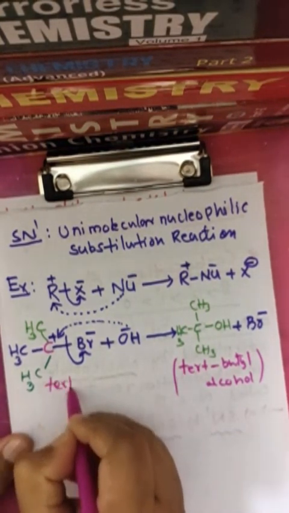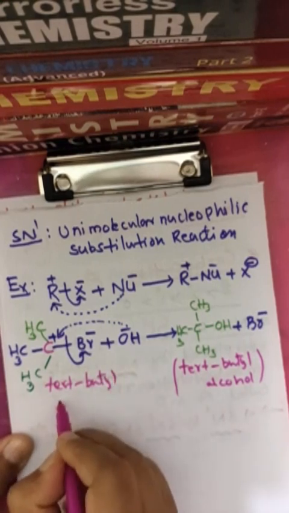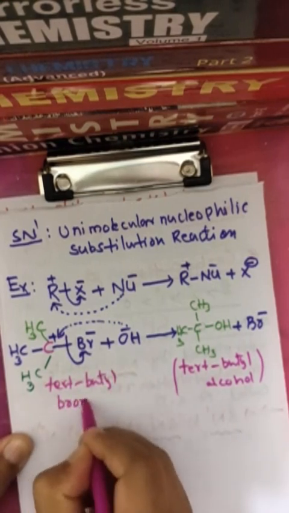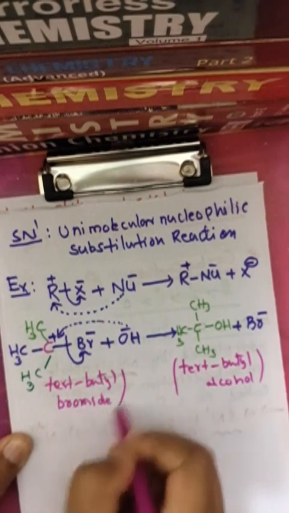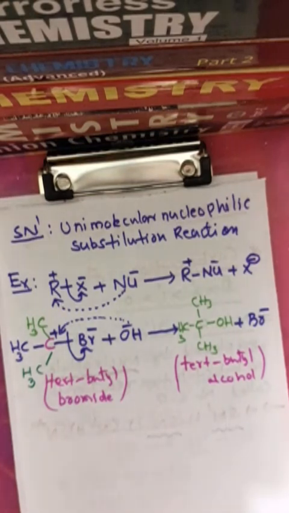This is tertiary butyl bromide. Tertiary butyl bromide is converted to tertiary butyl alcohol in the presence of OH minus. And this is how SN1 is carried out in the presence of a particular nucleophile.